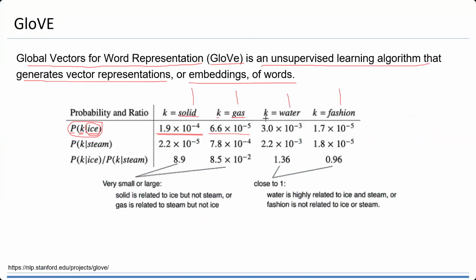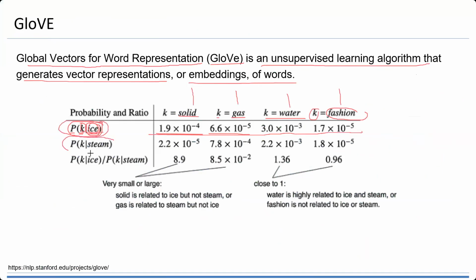If k equals water, k equals water given the word ice. And if the word is fashion for k, what is the probability given the word ice? So this is the probability of this.